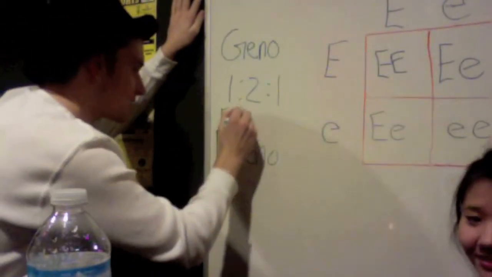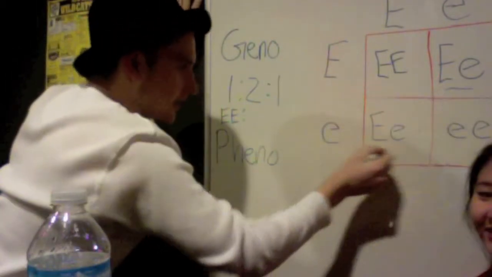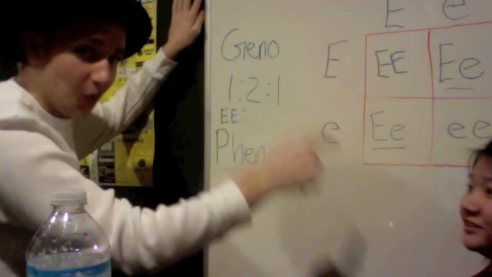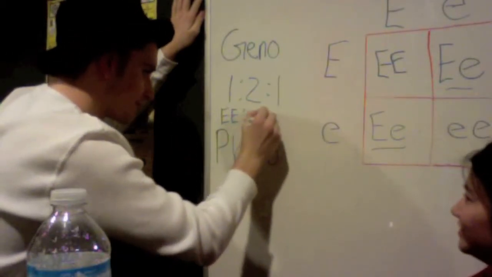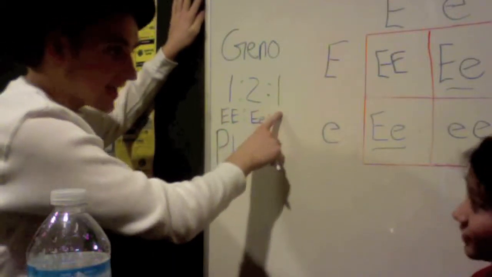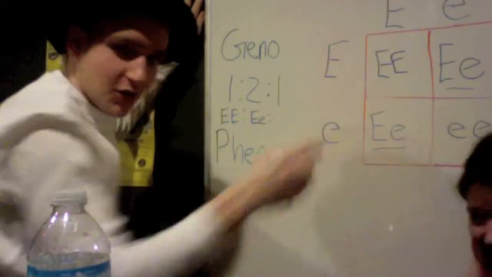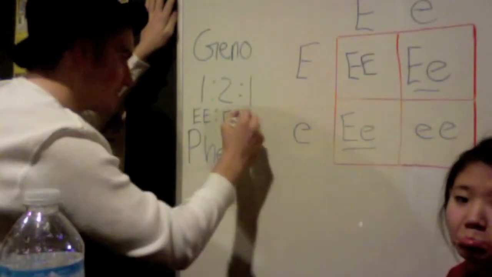The next, the 2, would be capital E, lowercase e. The next one, which would be Libby in this case, because she has weird earlobes, would be lowercase e, lowercase e.